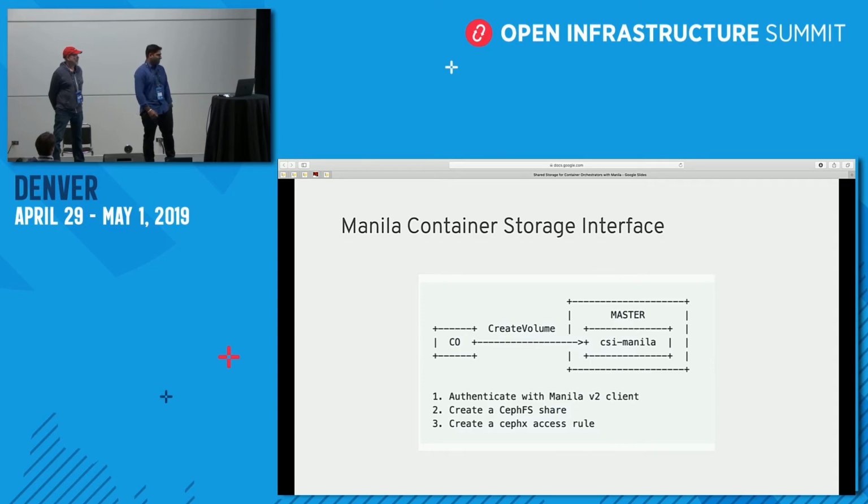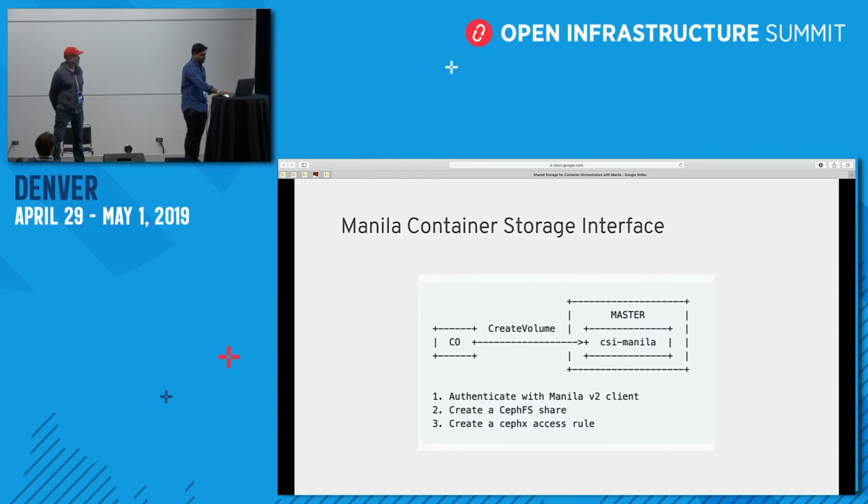This is the provisioning piece. This is where the Manila CSI provisioner is going to be; the controller service implements the CSI provisioning spec. It's going to take care of creating your shared file systems, access control for these shared file systems, all of the metadata handling that goes into the provisioning part, or even the deprovisioning part. That's the responsibility of the controller service.